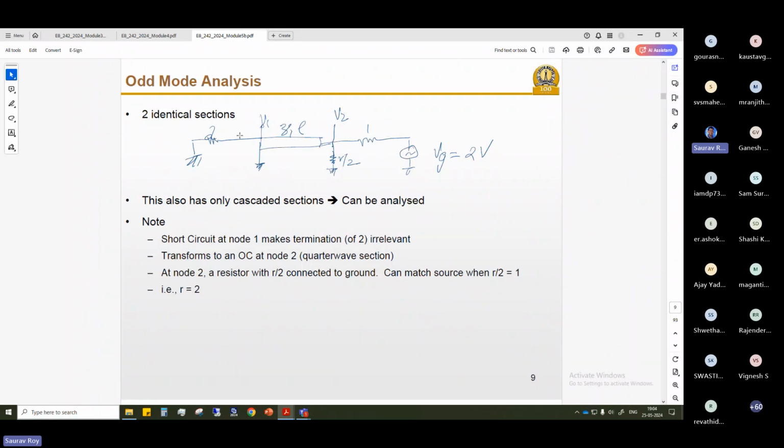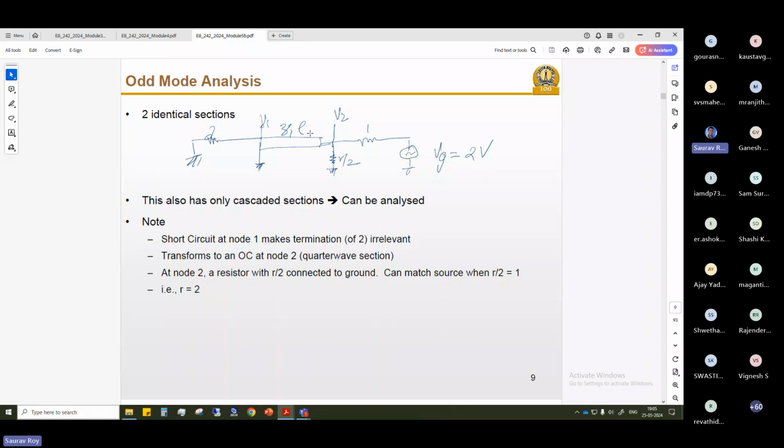So if you connect an open circuit, you will get a short circuit at the input side, or vice versa. If you connect a short circuit at the load, you will get an open circuit at the input side. So that's why this lambda by 4 line will not be useful at all because it will give you an open circuit here at V2 point. Here you see an open circuit due to the lambda by 4 line. So there will not be any current flow through that.